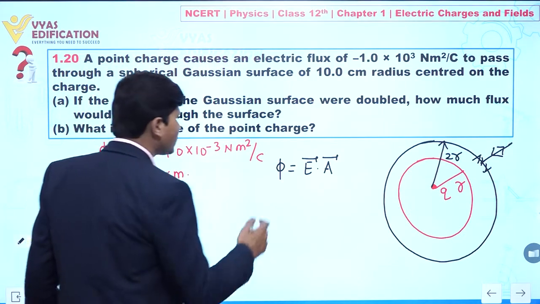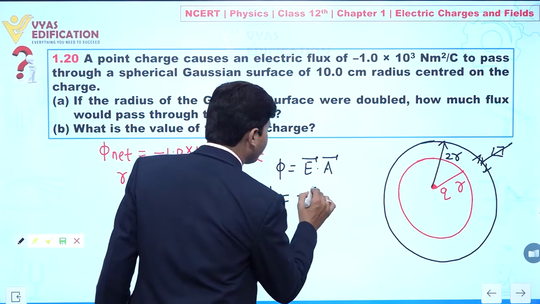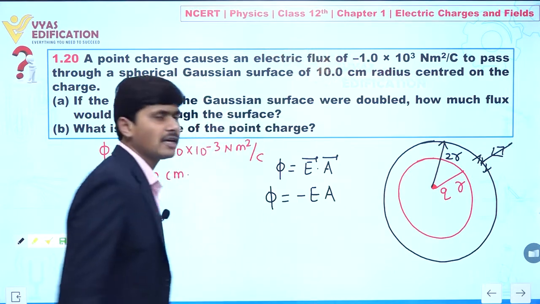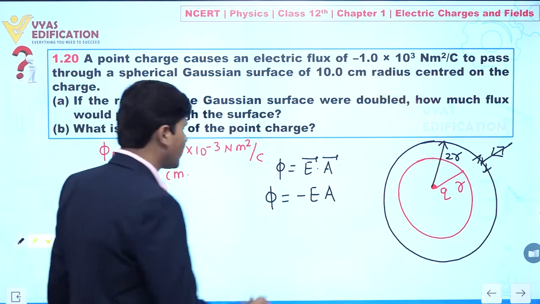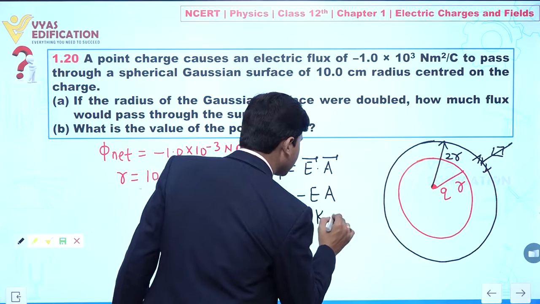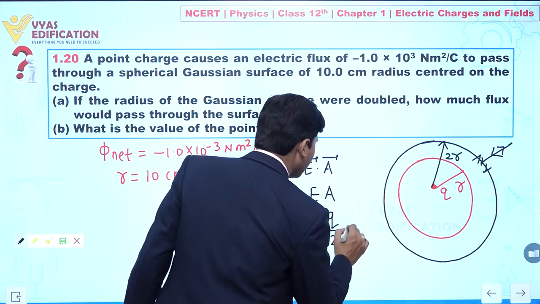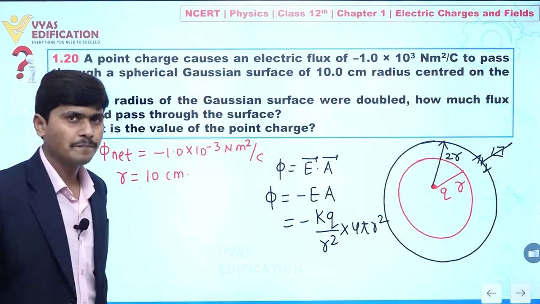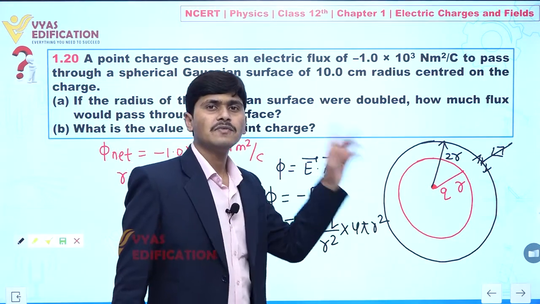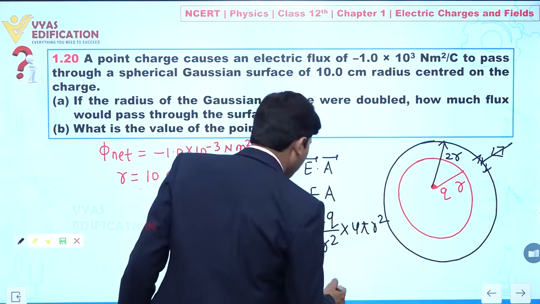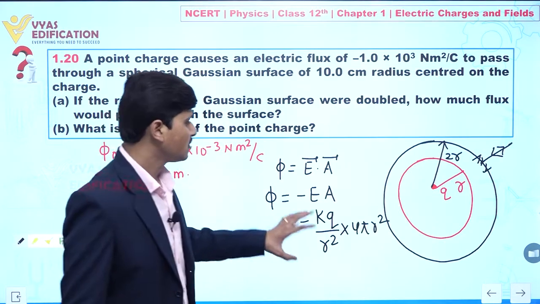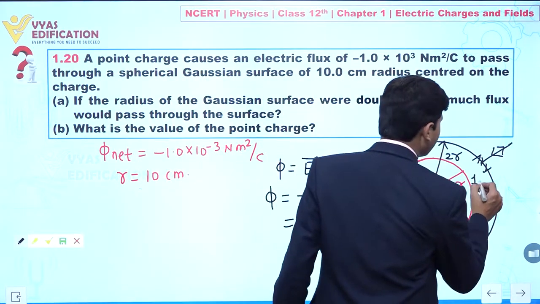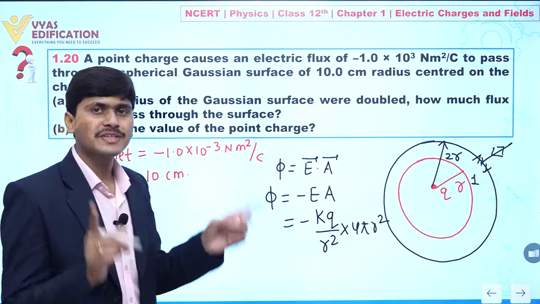Here we are getting negative, phi equal to minus EA. We can write E as kq divided by r square, and the area is 4 pi r square, because the cross section area is 4 pi r square. But this is for Gaussian surface 1.